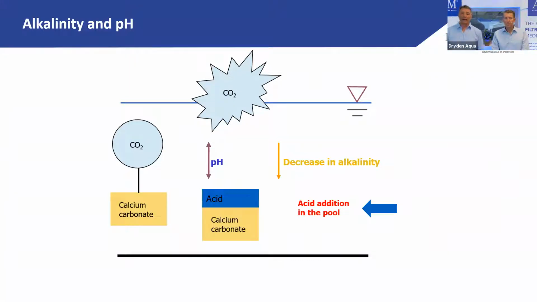If you add acid, then you bring the pH down again, but you also decrease alkalinity. So with each liter of pH minus that you dose, you decrease your alkalinity.